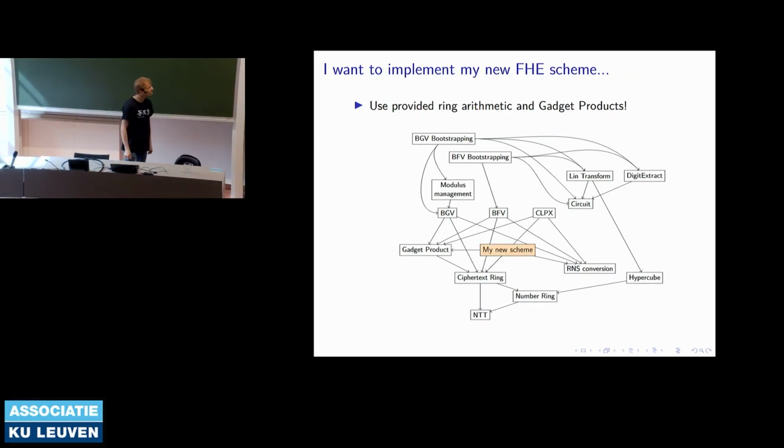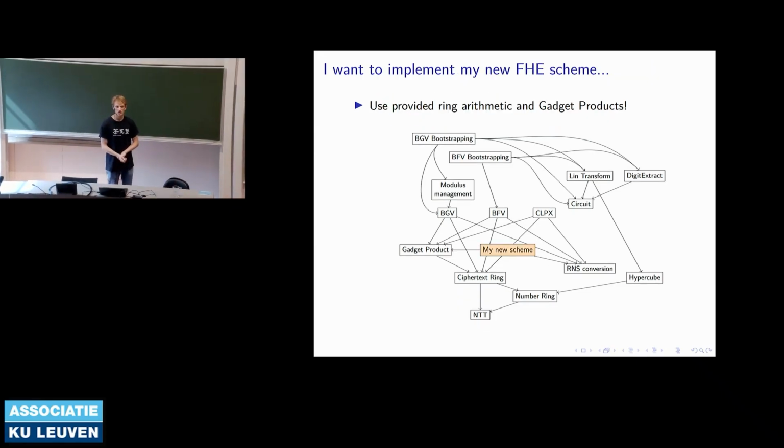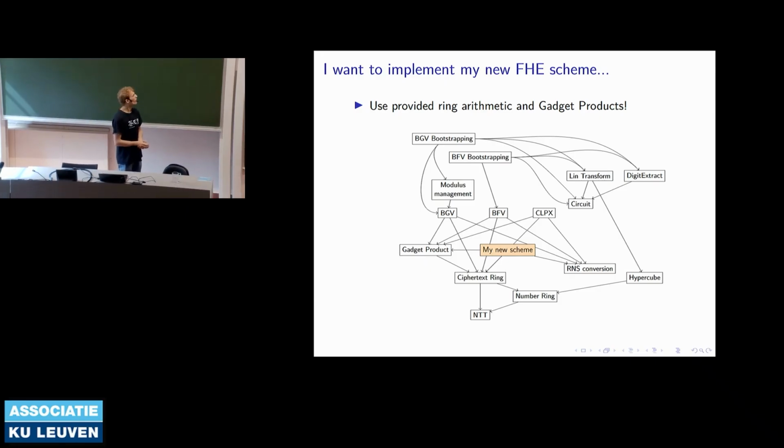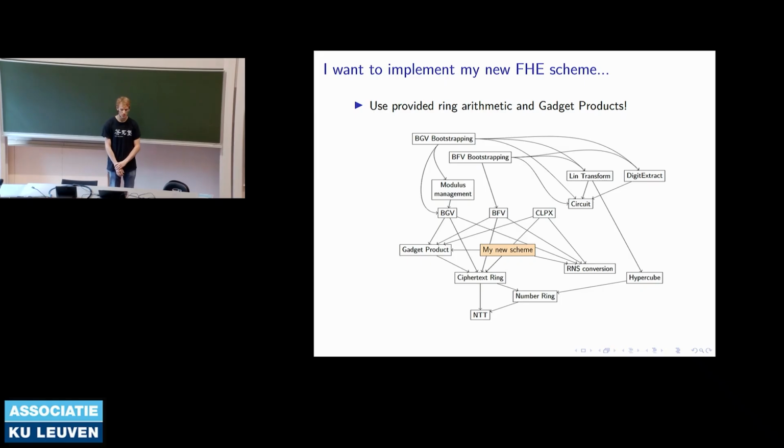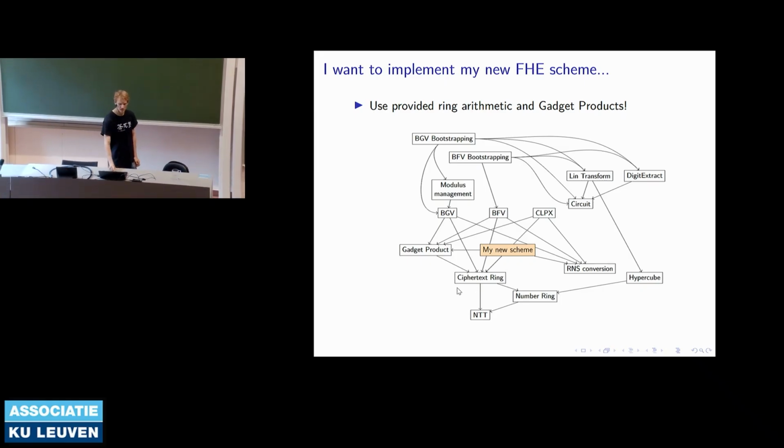Another case. Assume you're a researcher on FHE and you designed your own very cool FHE scheme. If your FHE scheme follows roughly the same techniques or ideas as any of the previous schemes in the literature, then you will be able to quite easily build the scheme using the toolkit that Fheanor provides, that Fheanor also uses to implement things like BFV, BGV, and so on.